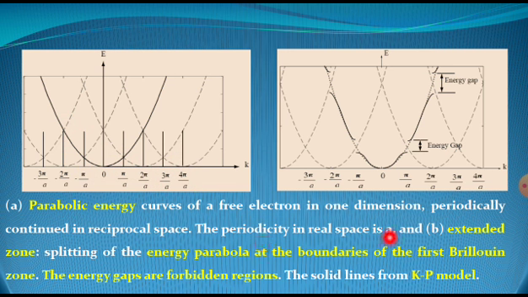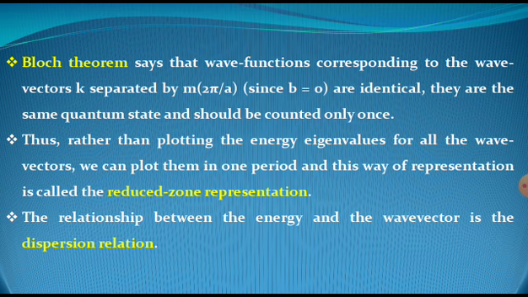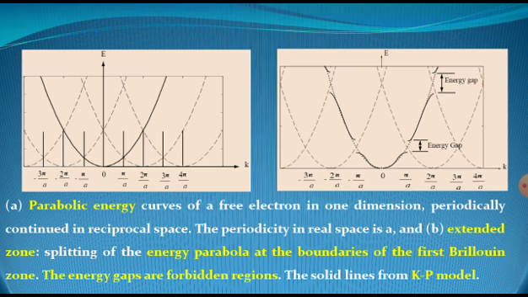The periodicity in real space is a. In B, the extended zone shows splitting of the energy parabola at the boundaries of the first Brillouin zone; the energy gaps are forbidden regions, as you can see, and here the solid lines represent the KP model.